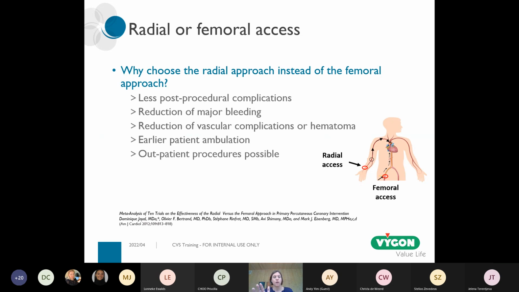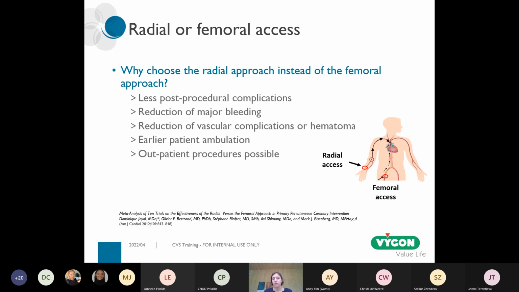First, I think you have heard that you can have a femoral access for angioplasty and a radial access. And why should we use the radial access instead of the femoral approach? First, because there are fewer complications. There is a reduction of major bleeding. There are fewer hematomas.